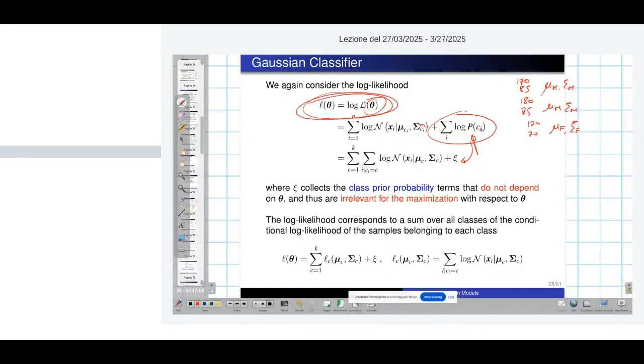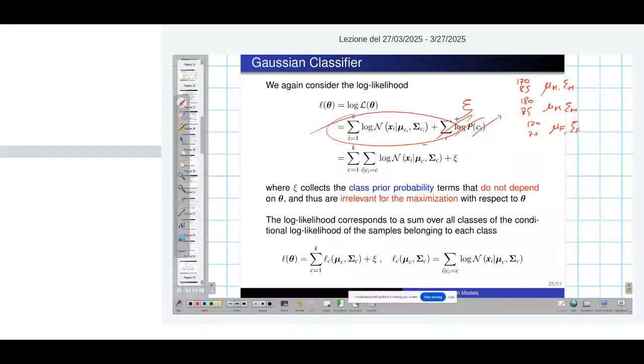Maximizing this with respect to theta will not depend on the value that I give to P. Again, these priors do not depend on theta, so they are just an additive constant with respect to our function. So now we have a log likelihood, one more step, that corresponds to a summation over samples. And this one, we throw it away and we collect it into a constant.